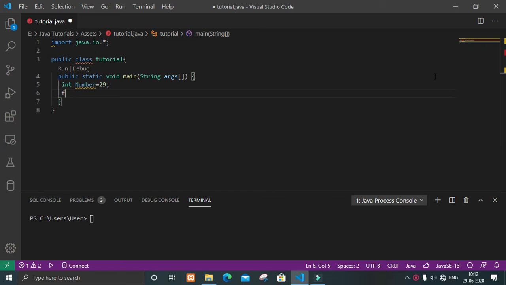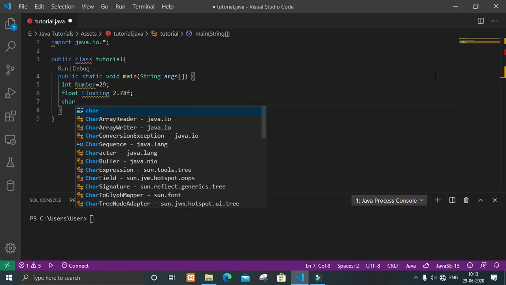And then it is float value, and that would be any decimal number, and it is known as floating point value.